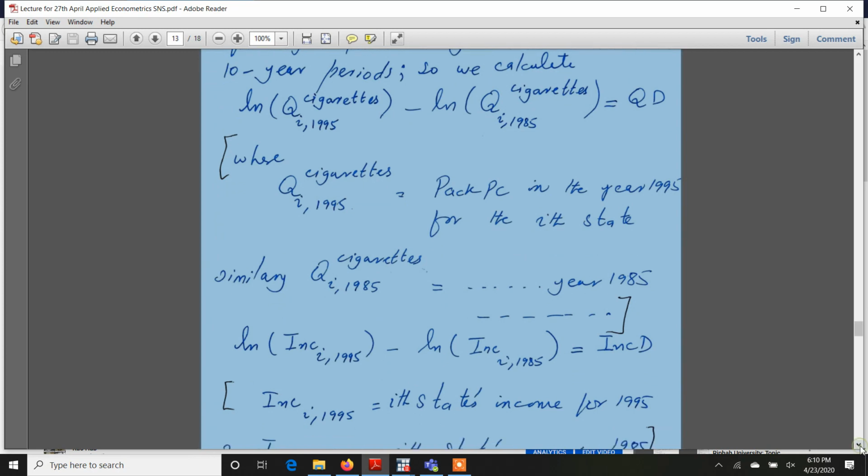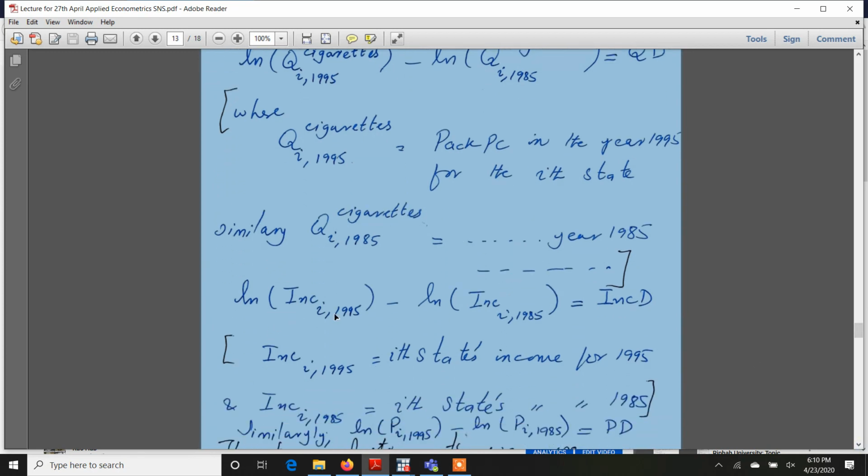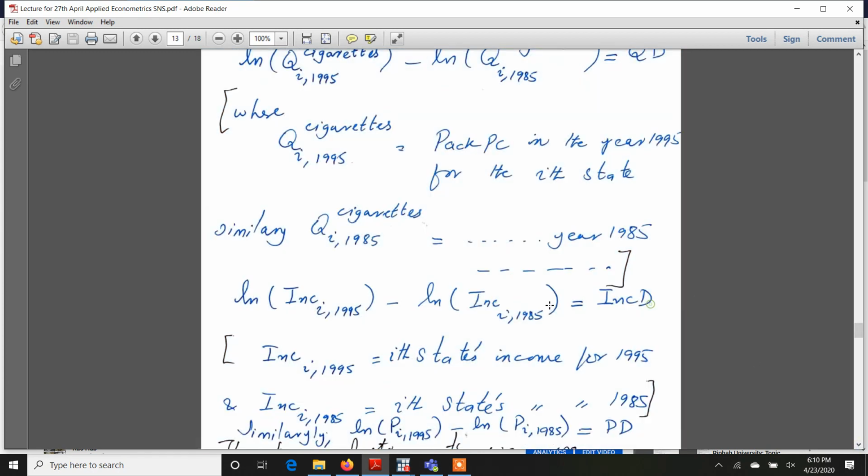Then we have INC, which is the income differential across the 10-year time period. Similarly, we have PD over here, which is the price differential, that is, the price being charged in the ith state for the year 1995 and then 1985.